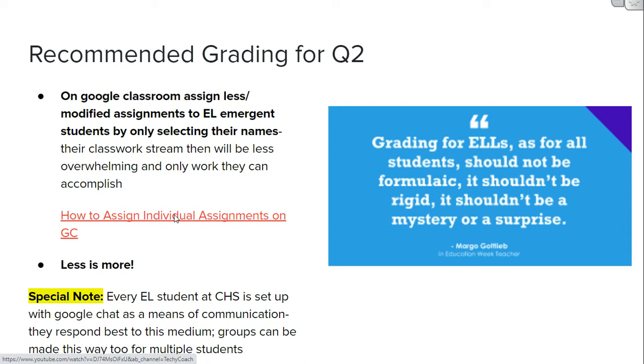So think about what kind of qualitative work you would like to see from your students, and just have them do those things. They don't necessarily need to have 5 different parts of an assignment each day in order to show you that they've learned and that they are understanding the material.